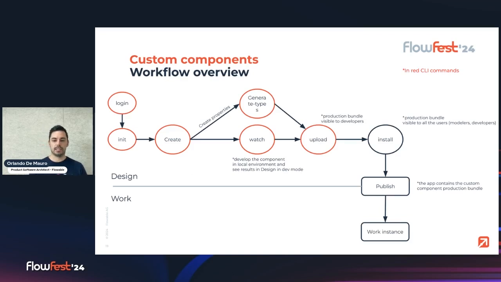So let's see here an overview of the workflow that I just described. In red, we can see the CLI commands, and in black, the manual actions that need to be done by the developer. As said, we log in, we init our project. Usually it's done only once. Then we start to create our components. And when the developer starts the creation, he can decide to go in watch mode.